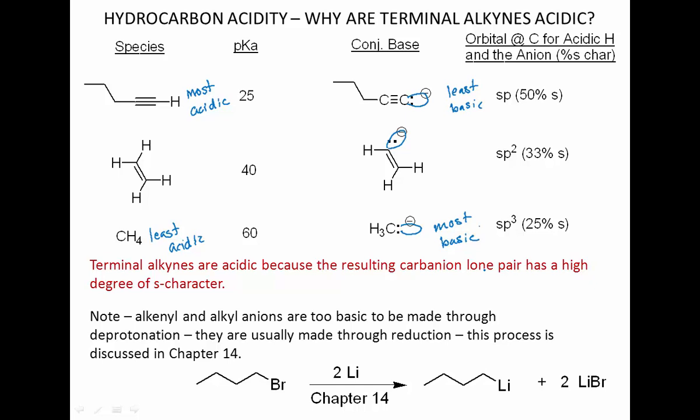Okay, these very high pKa numbers, pKa greater than about maybe 35 or 40, these kinds of anions are difficult to make in a deprotonation reaction.